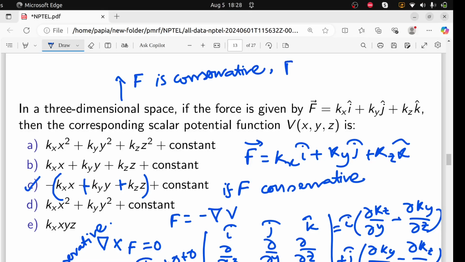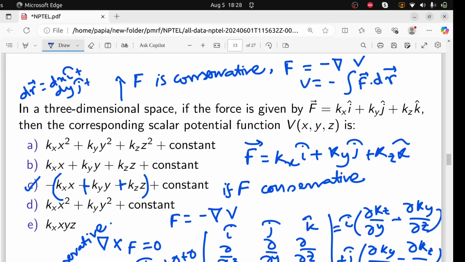Then only I can write F equals minus grad V, and V I can write from F dot dr. Then we can write dr equals dx i cap plus dy j cap plus dz k cap. Okay, so these are the things.